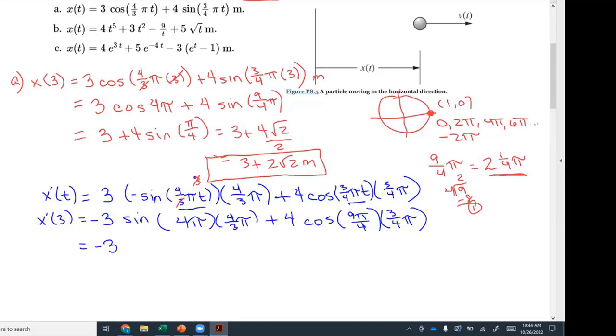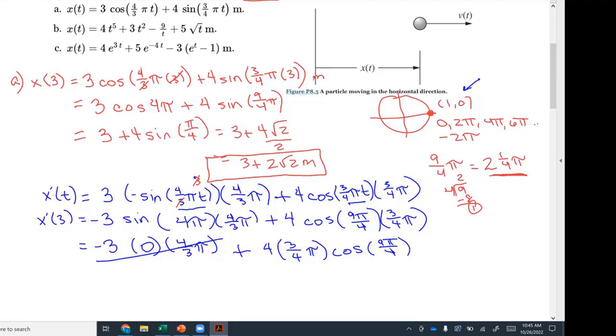I have negative 3 times the sine of 4 pi, and as we saw here, the sine is 0. It's really times 0 times 4/3 pi, which I don't care about because this is 0. Then I have plus, and I'm gonna multiply this 4 by the 3/4 pi, moving that to the front, and I have the cosine of 9 pi over 4, which we said was the same as the cosine of pi over 4.